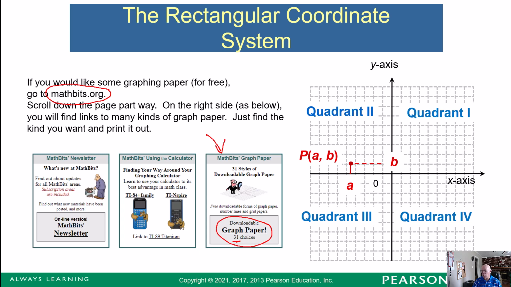If you like the one you have in Blackboard, that's fine. If you'd like something a little bit different, you've got a lot of choices, including some you probably don't want, like polar graph paper. Unlikely. You also have some things about the TI-84 here and the TI-Inspire. You might want to check that out. Don't worry about the TI-89. I doubt that anyone will have that, although it's possible.